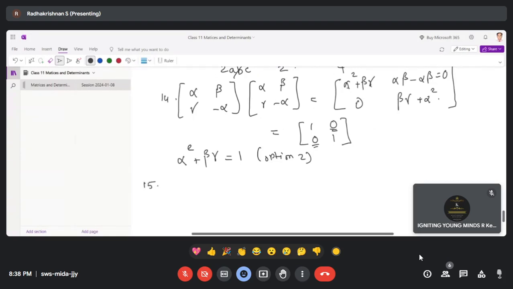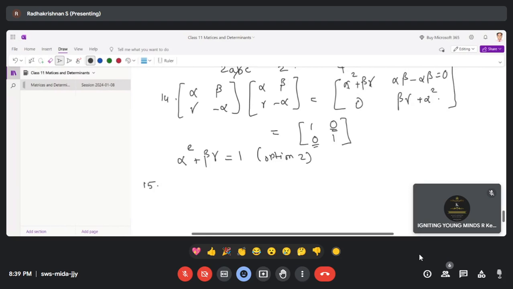Problem 15. If delta equal to the determinant a, b, c, x, y, z, p, q, r, then the determinant ka, kb, kc, kx, ky, kz, kp, kq, kr. So this is an easy one.